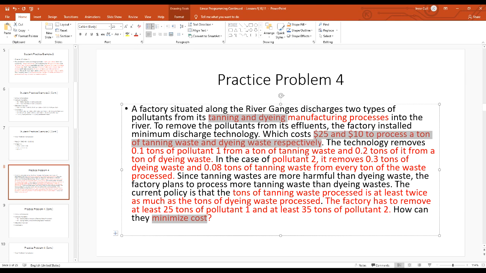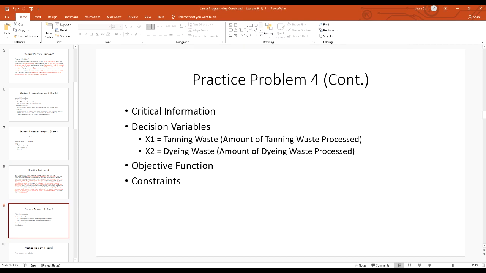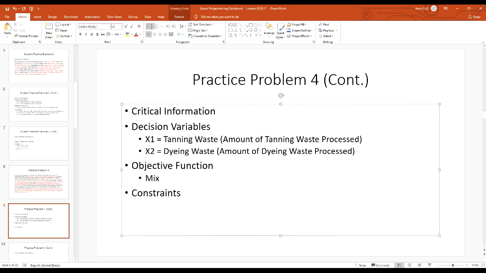If we are trying to minimize z, and that's cost, is equal to 25 x1, which is tanning waste, plus 10 x2, cost for dyeing waste.